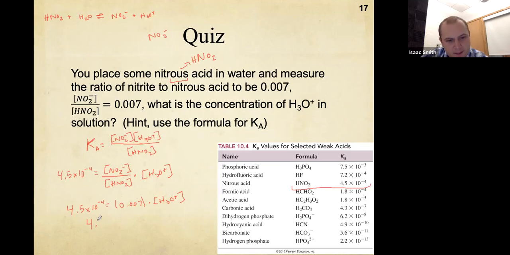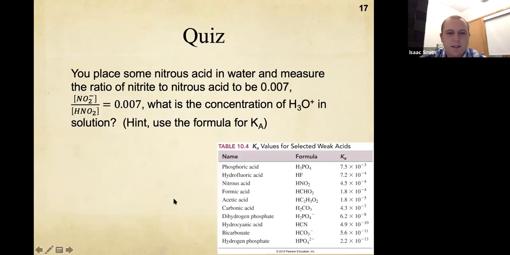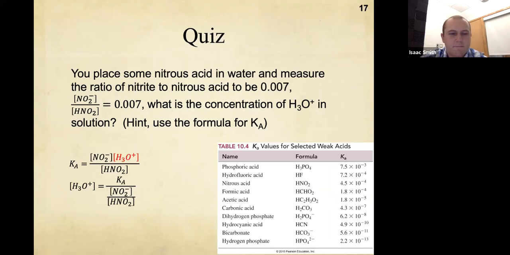So take 4.5 times 10 to the negative 4, divide it by 0.007, and that equals the hydronium ion concentration. So that would just be putting it in your calculator and doing the calculation at that point. Okay, I'm going to walk through it here just with the PowerPoint. Very similar thing. Get your concentration.